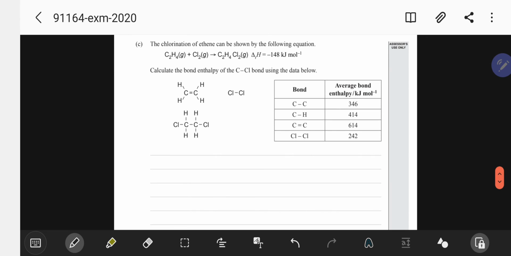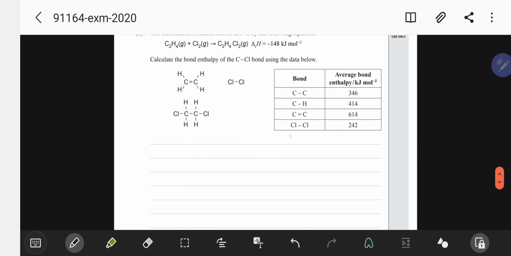The chlorination of ethene can be shown by the following equation. Calculate the bond enthalpy of the C-Cl bond. Okay, so we're figuring out the bond enthalpy of the C-Cl bond.